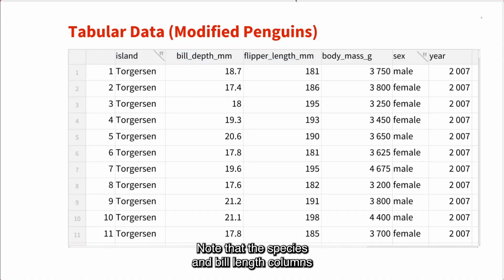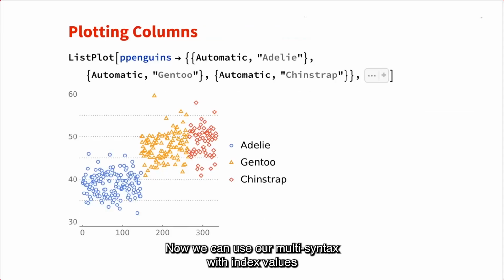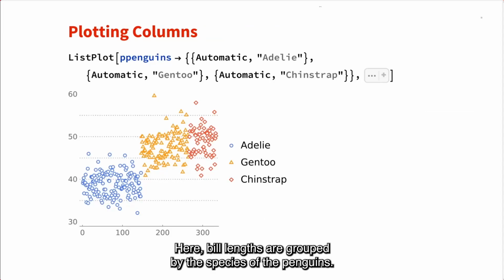Note that the species and bill length columns have disappeared, and now we have columns for each of the species of penguins with their corresponding bill lengths. Now we can use our multi-syntax with index values to create a plot like this. Here, bill lengths are grouped by the species of the penguins.